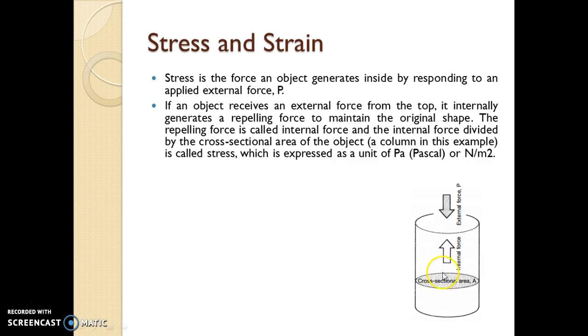This is a repelling force which tries to maintain the original shape of this column. Now when we divide this internal force, which is generated by the object and opposes the applied force, by cross-sectional area A, what results is stress.